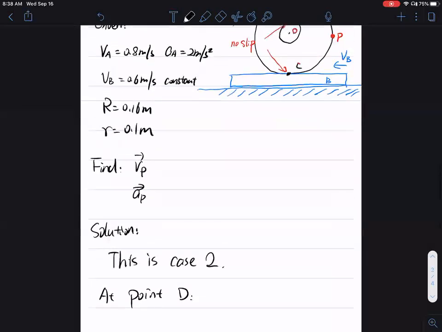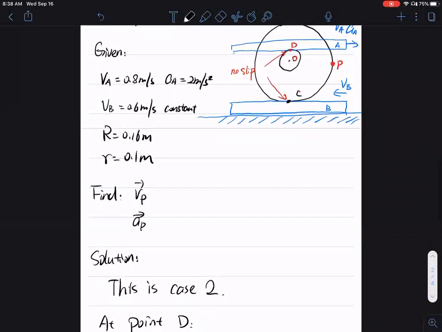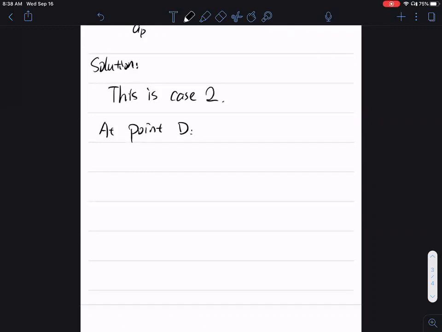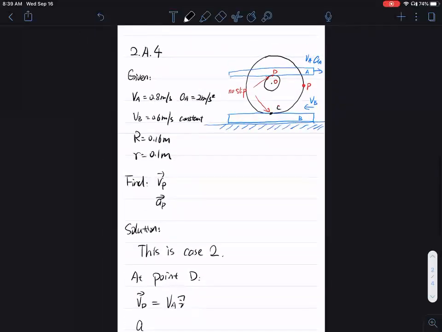So at point D, that's a point between the spool and the block A. What is the velocity vector for point D? Yeah, the contact point should share the same velocity as block A. What's the direction of block A?